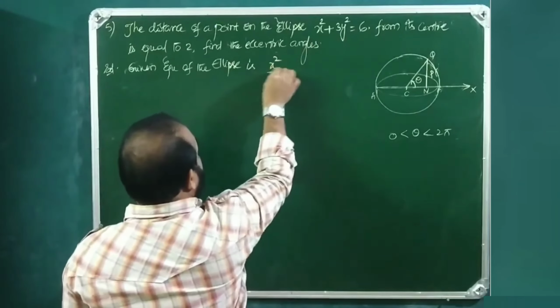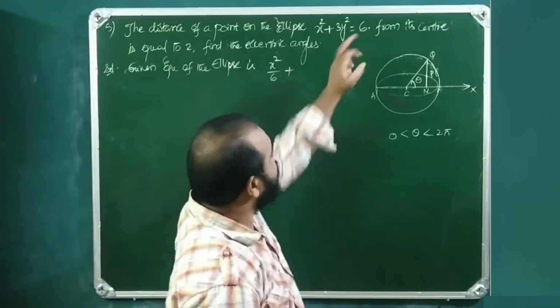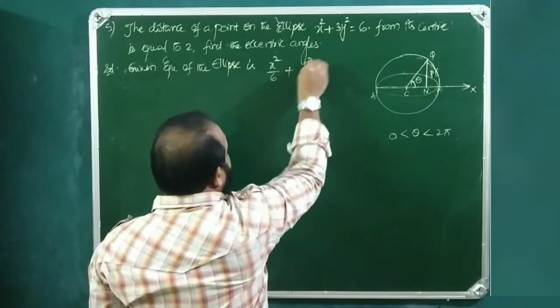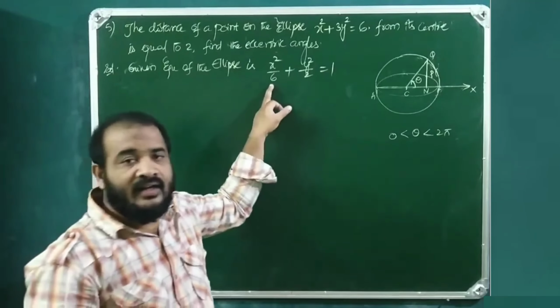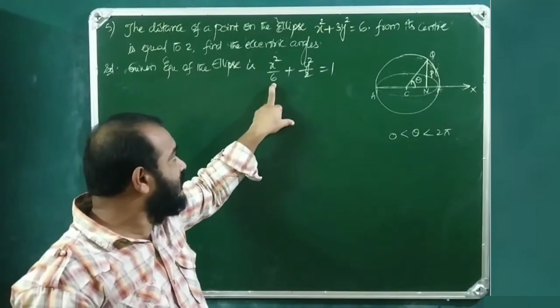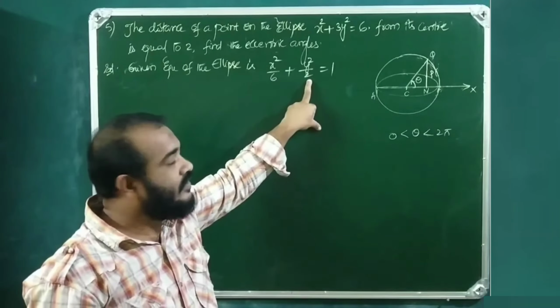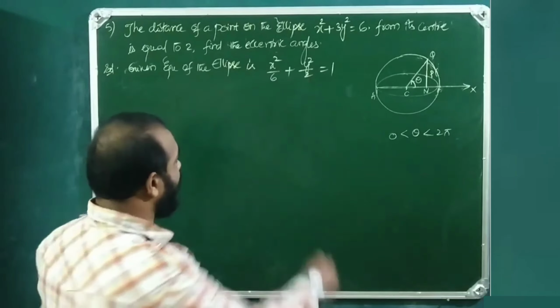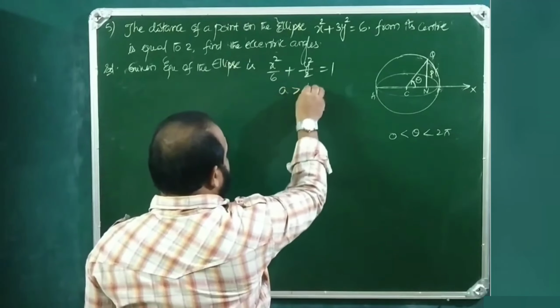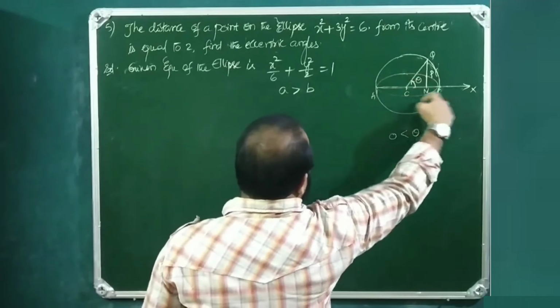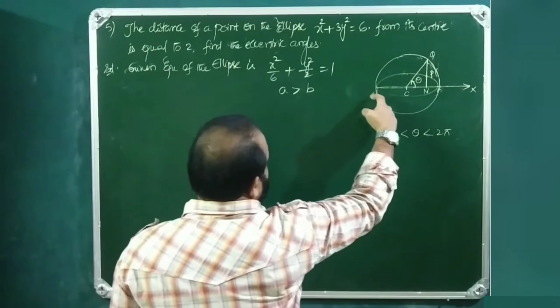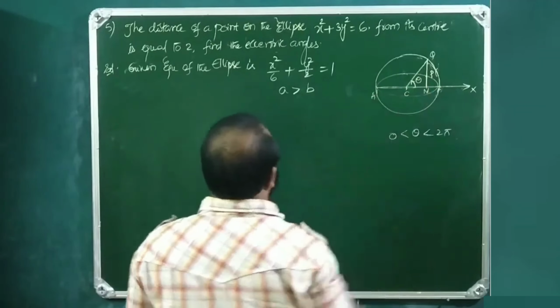So x square by 6 plus 3y square by 6, which is y square by 2, equals 1. Here, obviously, a square is equal to 6, a is equal to root 6, b square equals 2, b equals root 2. Therefore, a is greater than b. Therefore, the major axis is along the x-axis.